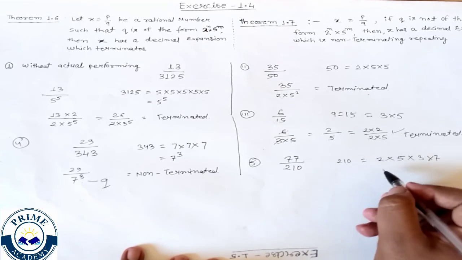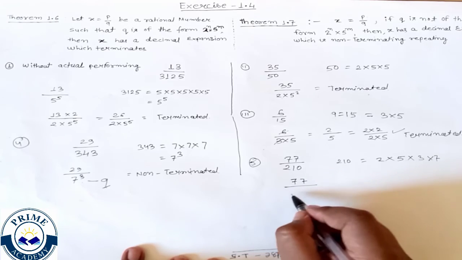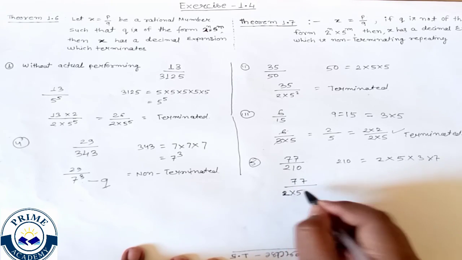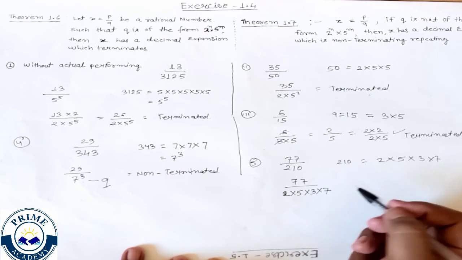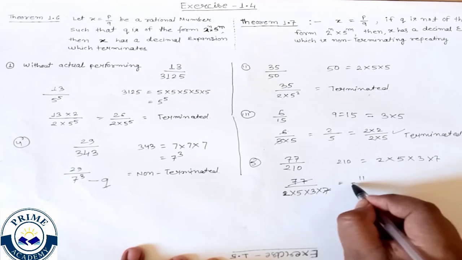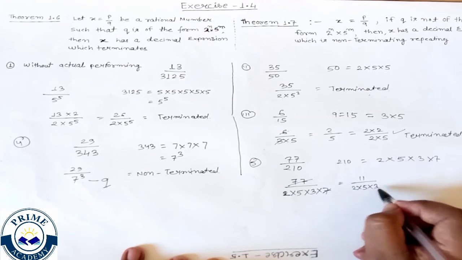So you can write 77 upon 2 into 5 into 3 into 7. The 7 will cancel out, and you will get 11 upon 2 into 5 into 3.